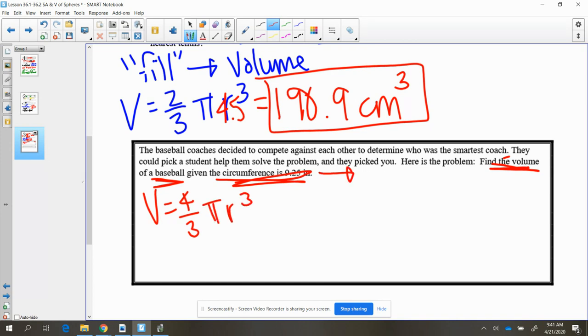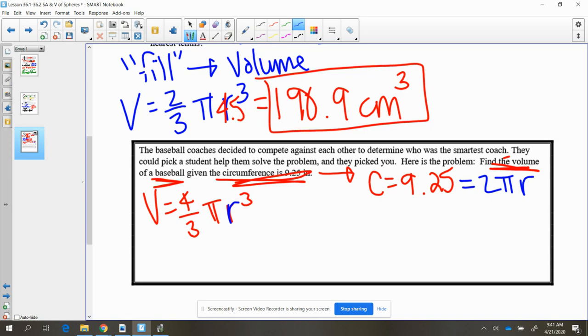The thing here is, though, we are given that our circumference is 9.25. You can't use the circumference to find the value. So what we have to do instead is say, okay, I know that circumference equals 2 times pi times r. And if I solve for my radius, then I can plug that in and find the volume of this baseball with that certain circumference.